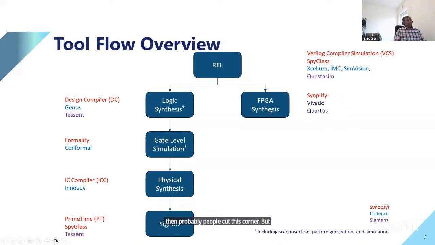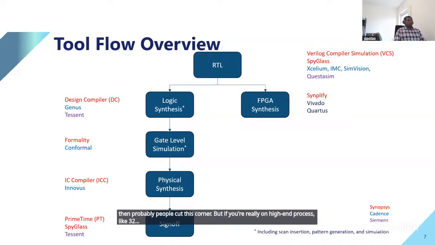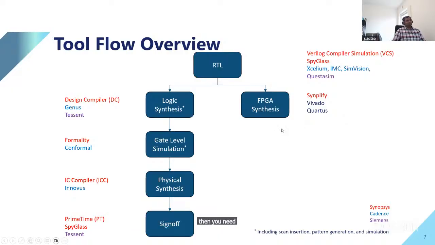But if you're on a really high-end process like 32 nanometer and below, then people go for FPGA synthesis. And if you're developing a processor or something, then you need early software development. So this gives you a path for early software development.